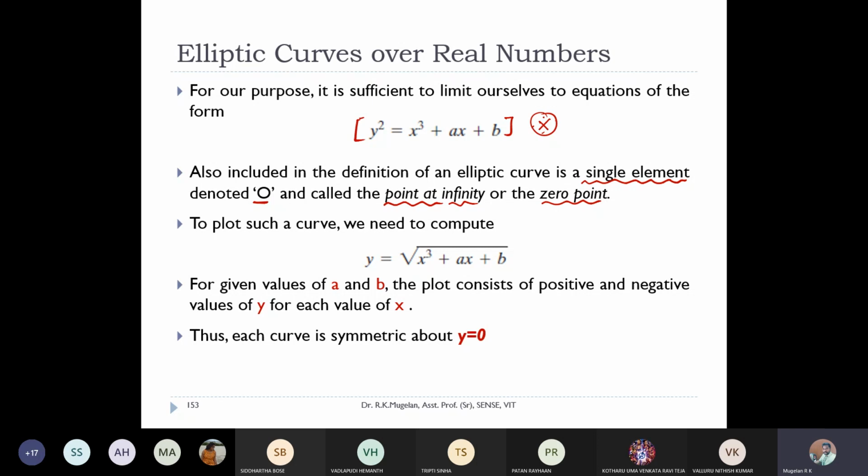If you remember the definitions of group, ring, and field, in a group, the fourth property, existence of identity, we used to write like this: if you have an identity element E, A dot E equals E dot A, again gives me A. Here the dot can be either addition or multiplication, and based on this, E will take the value of either 0 or 1. Can you tell what is the identity element for the addition operation? Any idea?